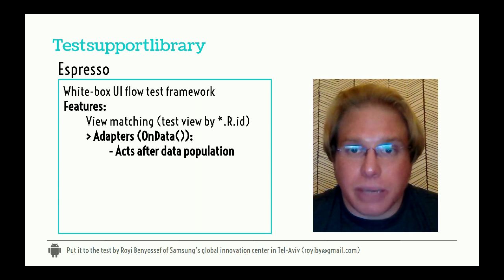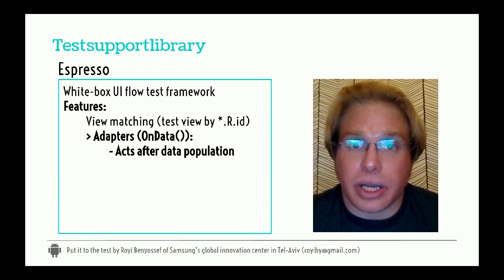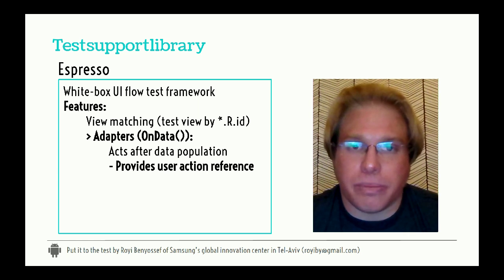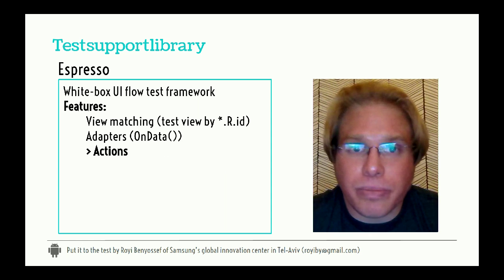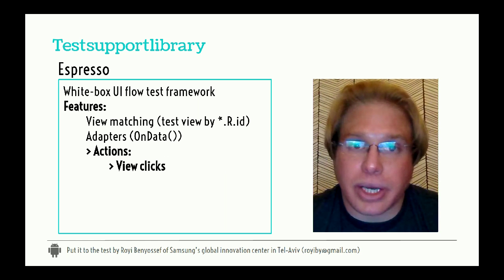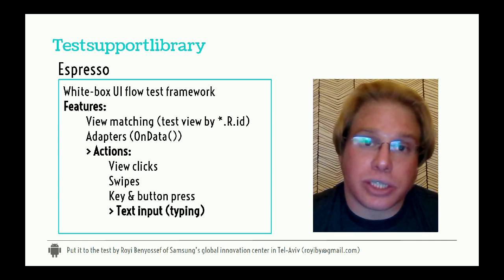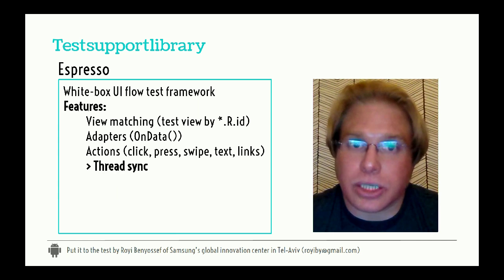It also handles adapters, and it realizes that unlike other views, they are only useful after the event of data population, so it intercepts that data with onData, which is a method. And it provides a reference to the user action inside the adapter. It also allows you to perform all the UI actions you would do manually, like clicking, swiping, key and button pressing, and text typing, as well as opening links.